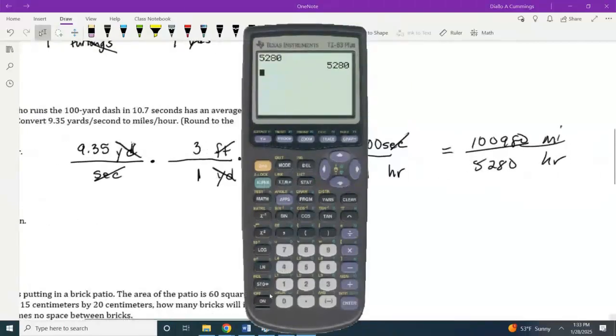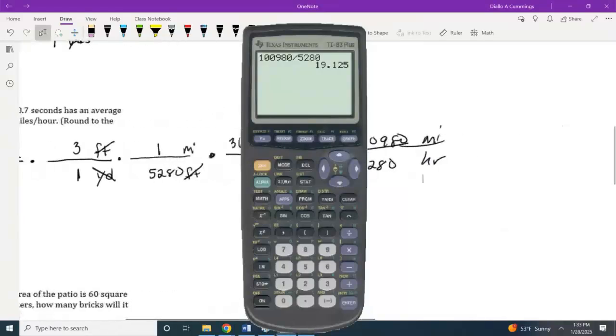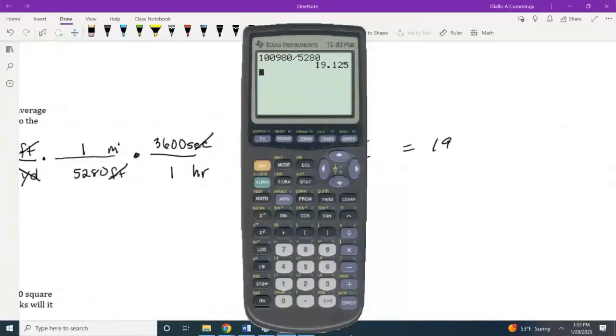Yeah, I did something wrong. 100,980 divided by 5,280. Oh, yeah, I added a 5. Okay, and we get 19.125 miles per hour.